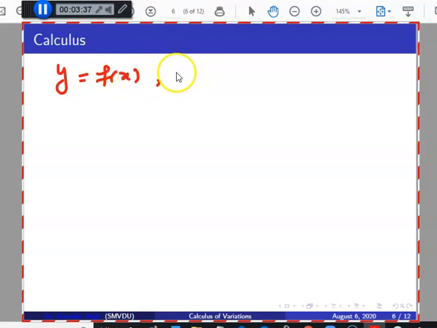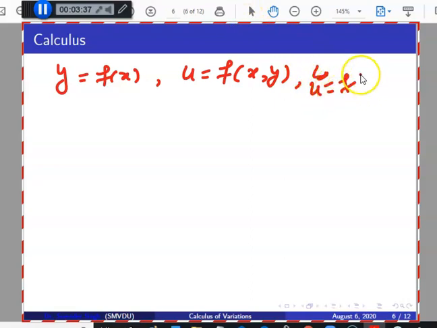We can have a function of more than one variable. Suppose u is a function of x, y. It can be a function of more than 2 variables. It can be like u is a function of x, y and z.